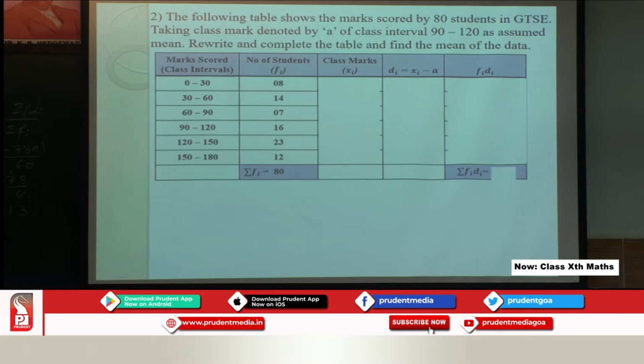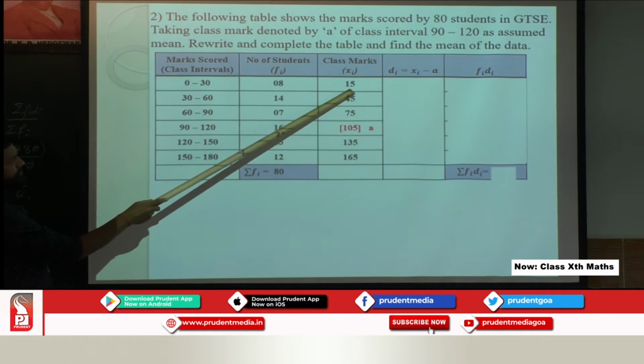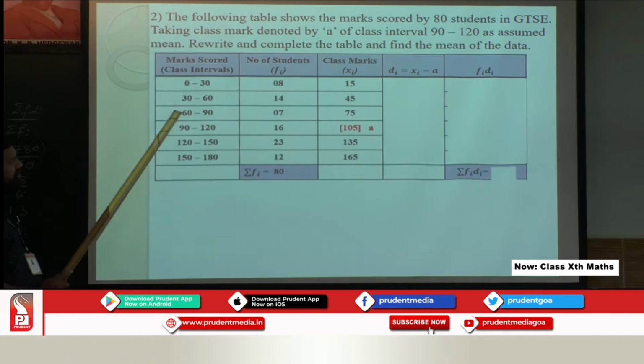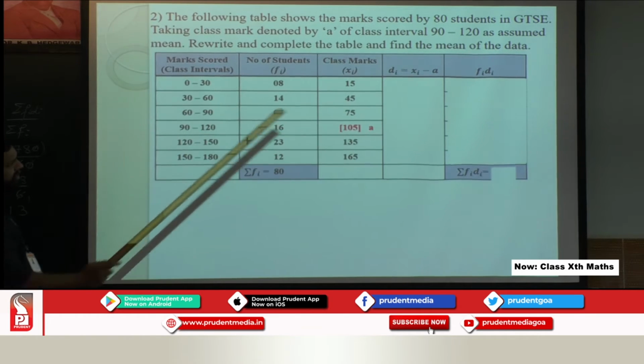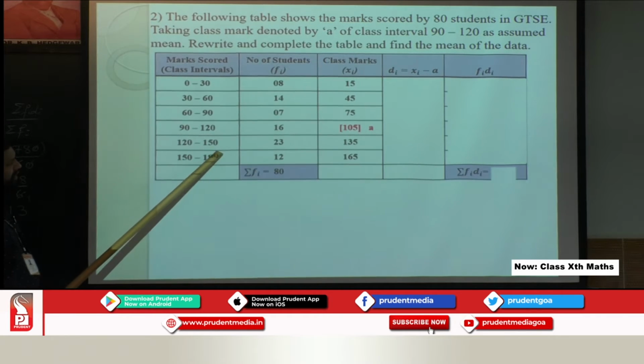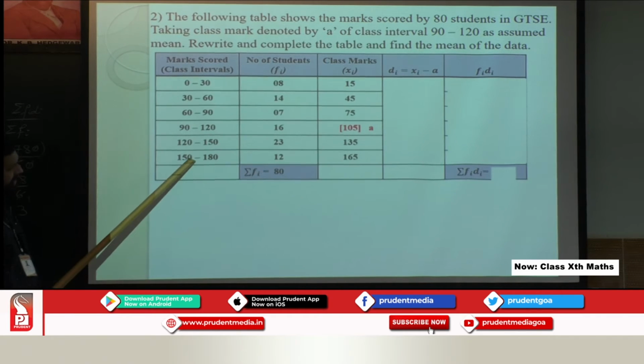In the same way, carry on further, and you will get your xi: 15, 30 to 60 middle point 45, 60 to 90 is 75, 90 to 120 is 105, 120 to 150 is 135, and 150 to 180 is 165. These are your xi.